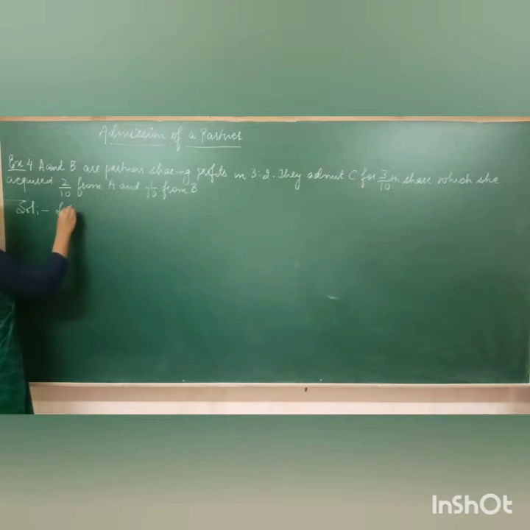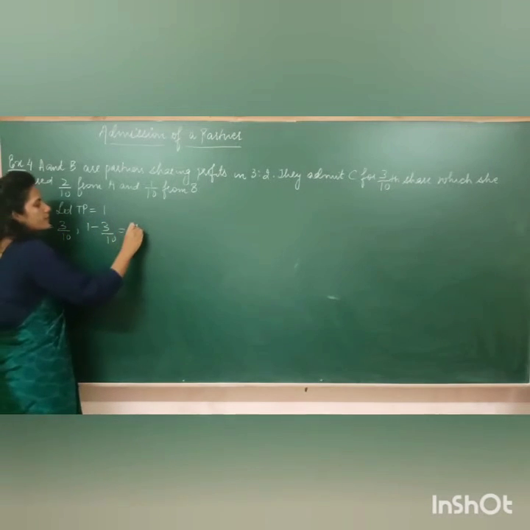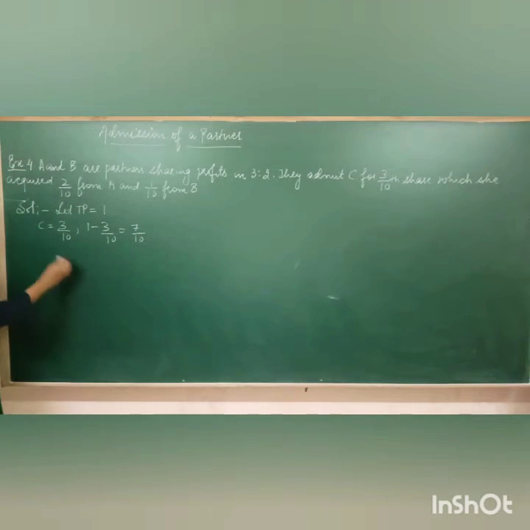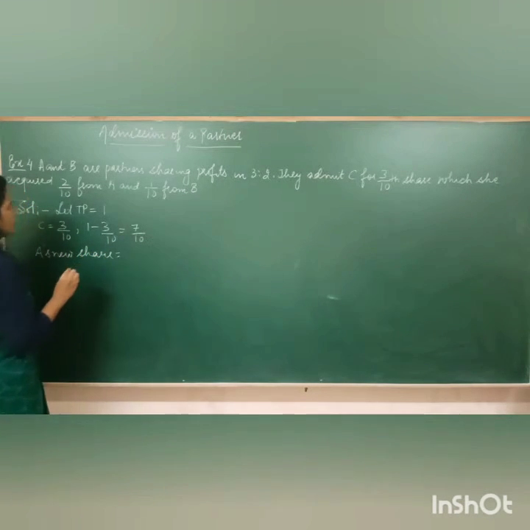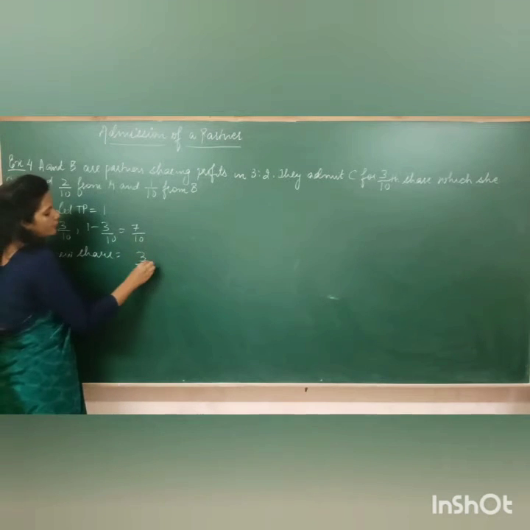Again, first of all, I'm going to assume that the total profit of the firm is equal to 1. C has got 3/10 share. It means that the leftover share is 7/10, right? So now A's new share, first of all we have to calculate this. A's old share is 3/5.